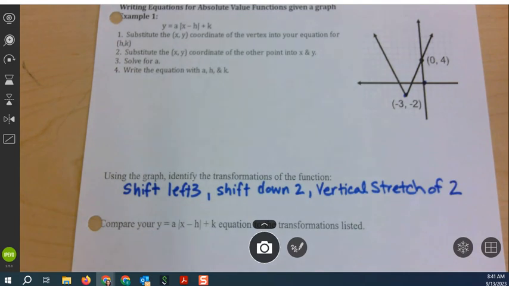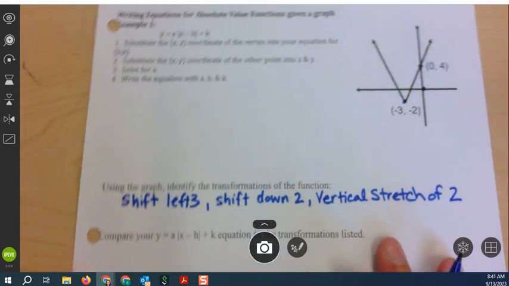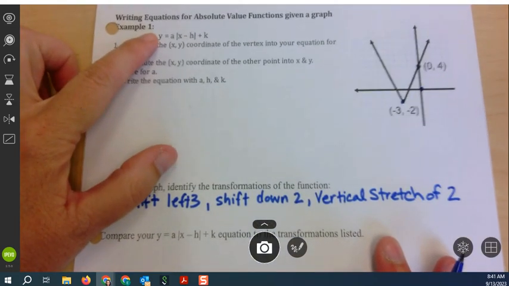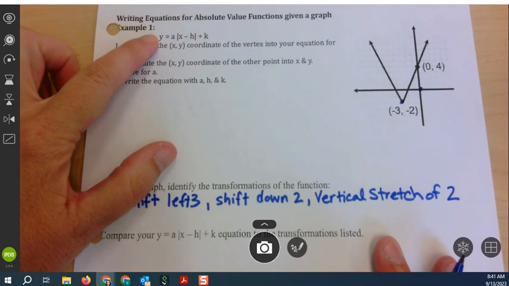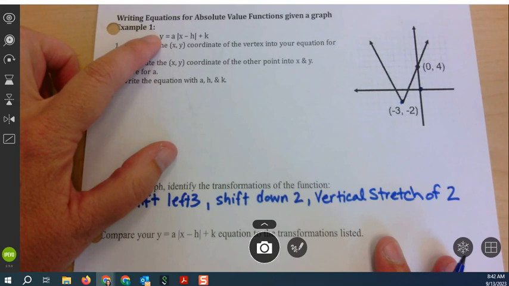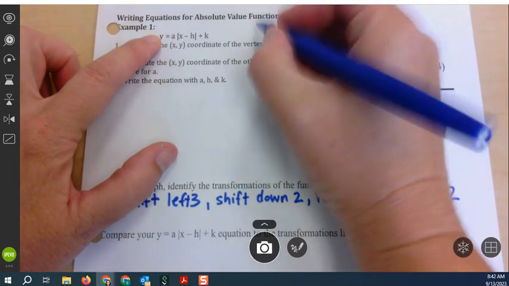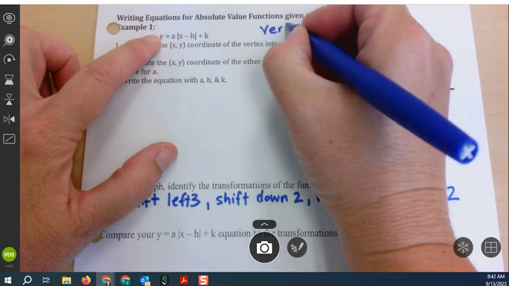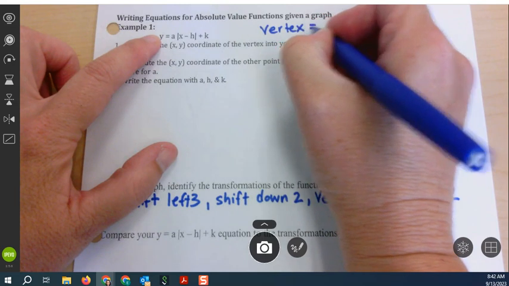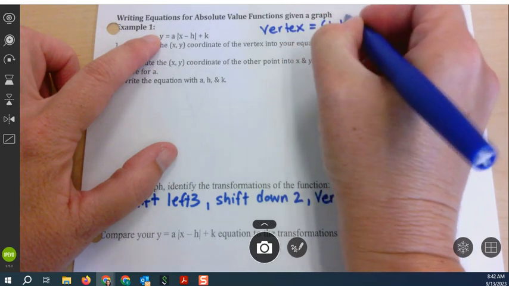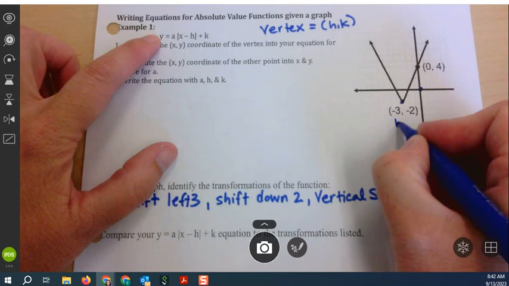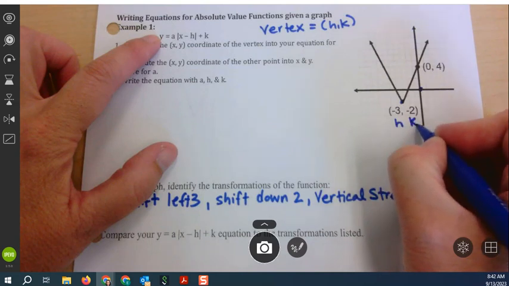So here's the other way. Taking your general equation, which is right here, we wrote that on the first page of our notes last class. We're going to substitute some numbers in. Your vertex is your h and your k. So in this case, this is h and this is k.